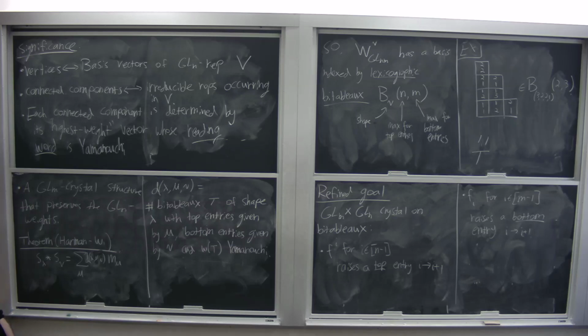But where we're most interested right now is trying to complete this GL2 crystal picture. That's reasonably tractable because we now know what we want our highest and lowest weight tableaux to be. We just want to figure out how to move between them to actually complete this structure, so we have more examples of what the crystals on bitableaux should look like.